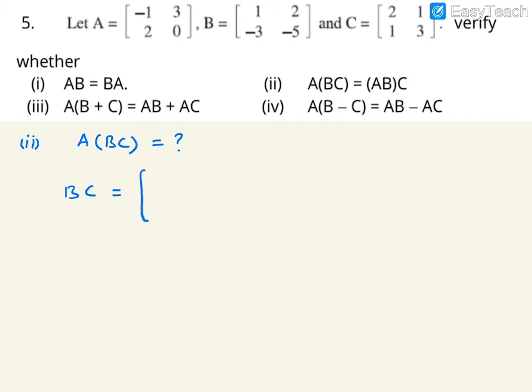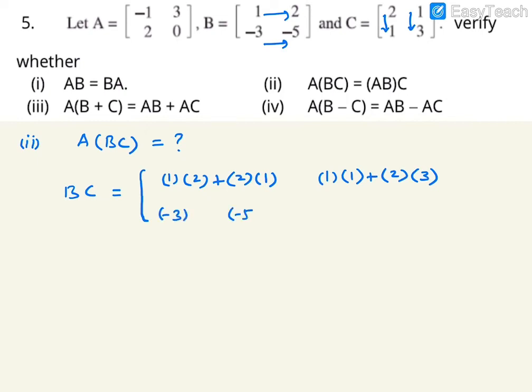BC will be equal to: this row will multiply with this column, so 1 into 2 plus 2 into 1. Similarly, first row will multiply with second column, so 1 into 1 plus 2 into 3. Then the second row with the first column, so minus 3 and minus 5. Write the elements of the column from above, 2 and 1, 1 and 3.